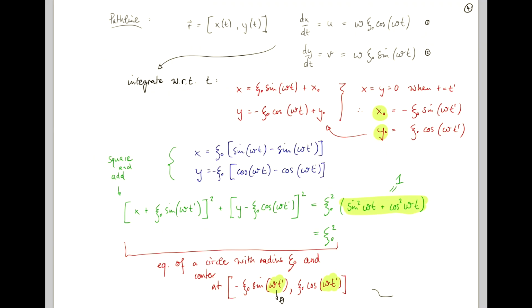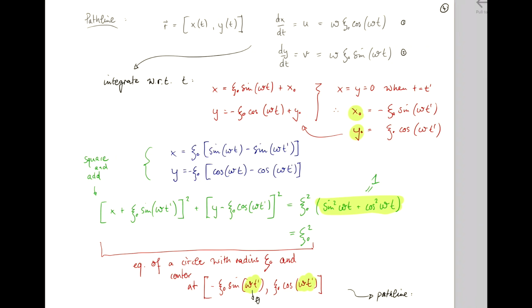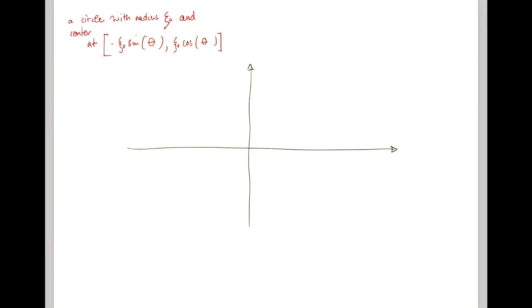So let's draw our path line on the next page. Remember, our streamline was this straight line where the angle of inclination here was theta. Now, our new path line has a center at minus psi 0 sine theta in the x direction and plus psi 0 cos theta in the y direction.